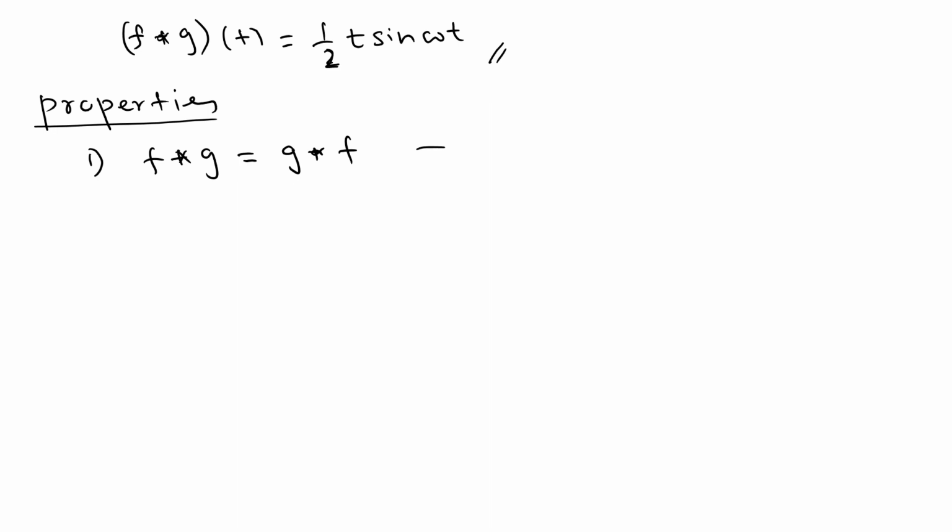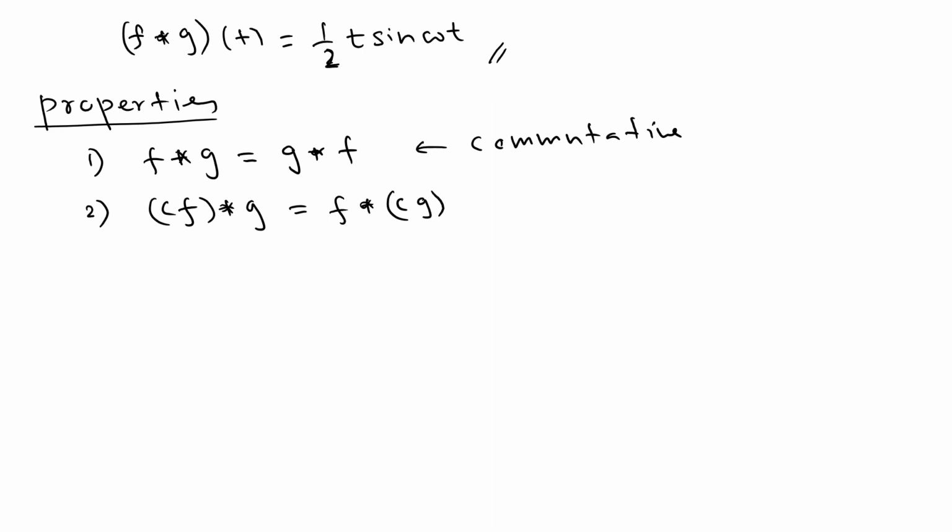Also, if we have a constant c times f, star g, this is exactly equal to f convolved with cg, and also exactly equal to c times f star g. So you can switch c, putting it with f, or g, or with the whole product. This is one of the distributive properties.